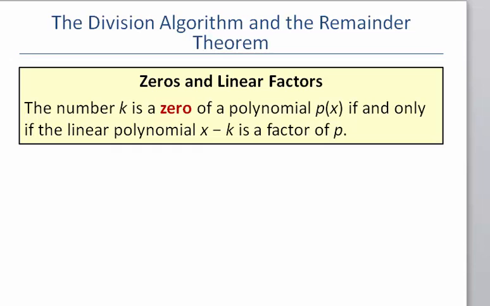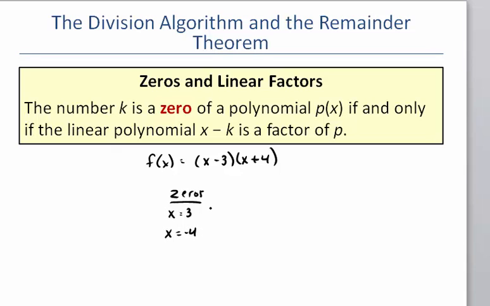What this tells me is that if I have a polynomial, say I have x minus 3 times x plus 4, we know the zeros of this would be 3, because that would cause this term to equal 0, and also negative 4.